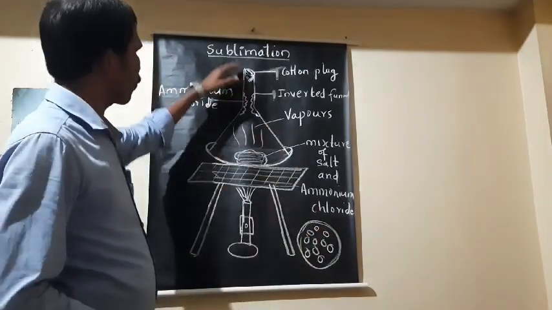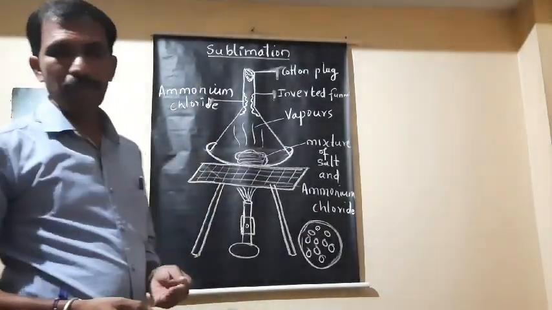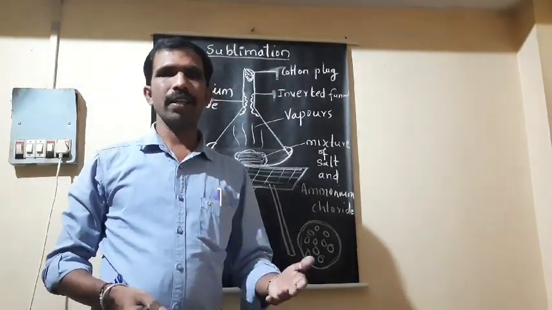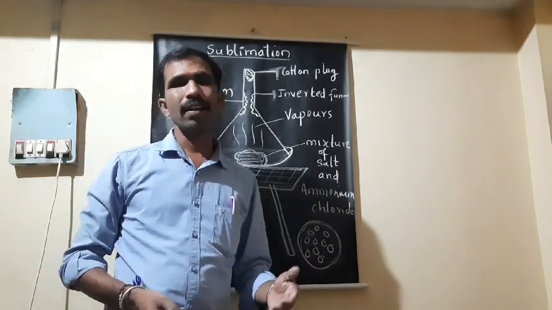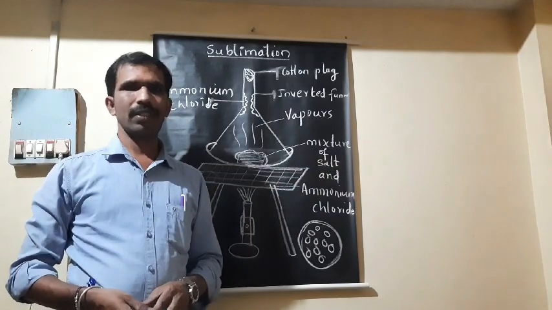The first we are going to study is sublimation. You are aware of the word sublimation. What is sublimation? Recall that. Sublimation is the process in which a solid directly changes to gaseous state.